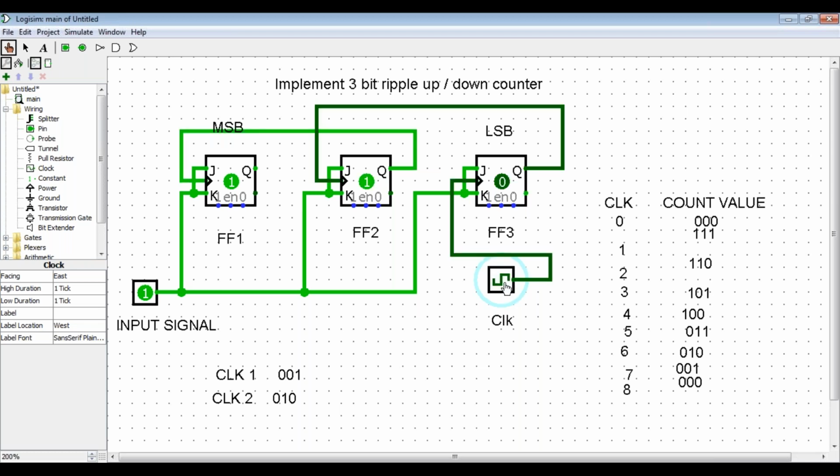Again switch off and switch on my clock. What I will get is 1 1 0. Again switch off and switch on. During my 7th clock, what I will get is 1 1 1. So from 0 0 0, it's going up to 1 1 1.